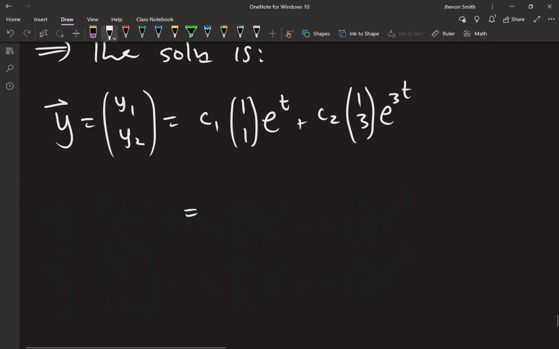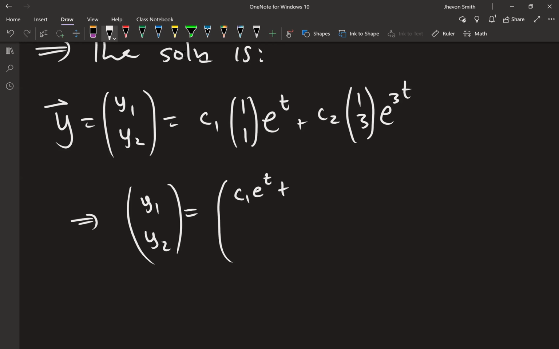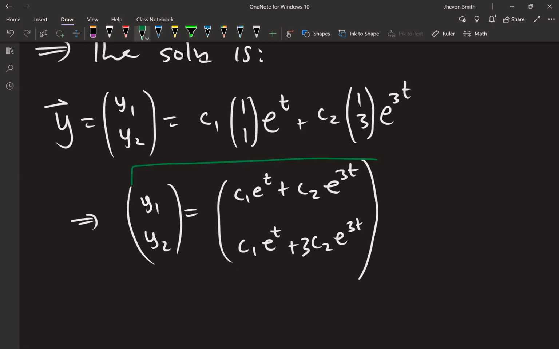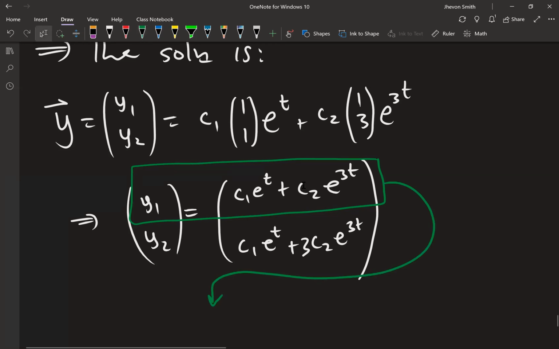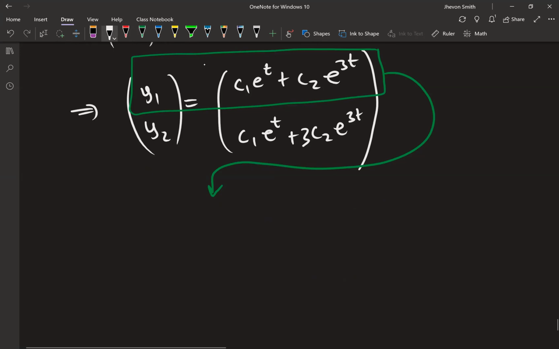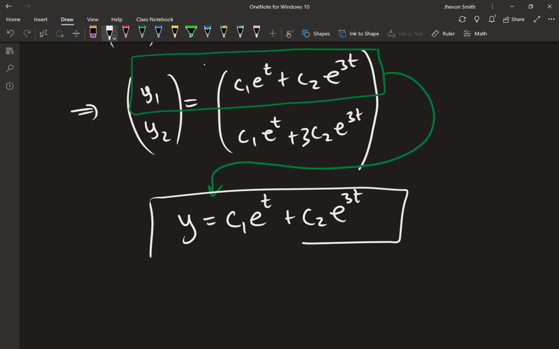Notice that this means that my y1, y2 is going to be c1 e to the t plus c2 e to the 3t, and down here it's going to be c1 e to the t plus 3c2 e to the 3t. And if you look along that first line, you get what the y1 is. So y is equal to c1 e to the t plus c2 e to the 3t. And that's the solution, right?